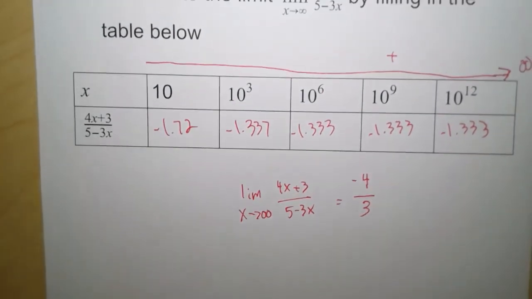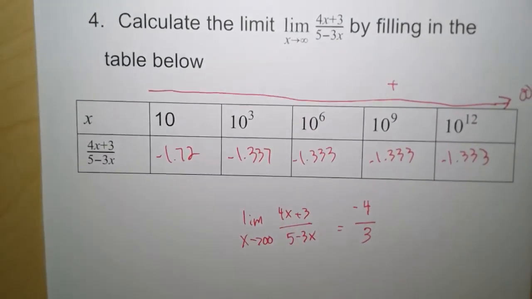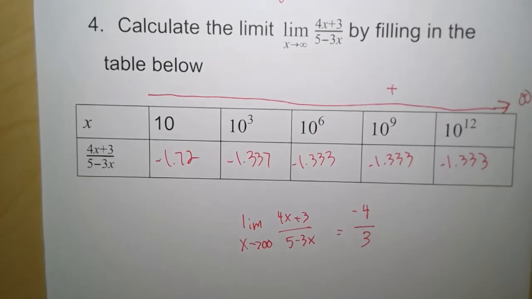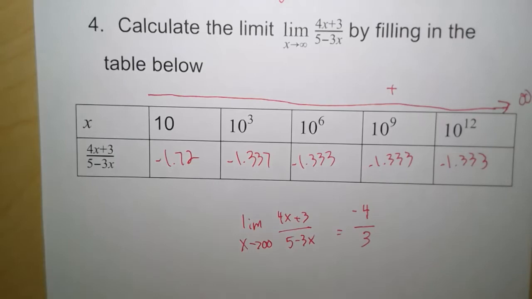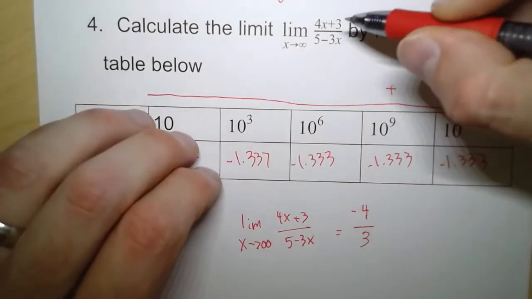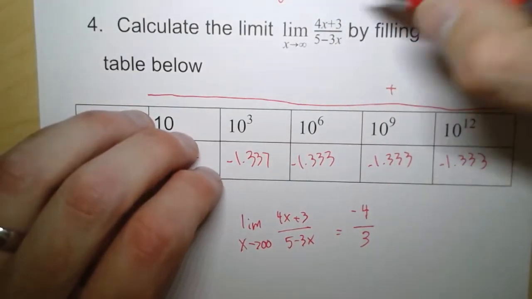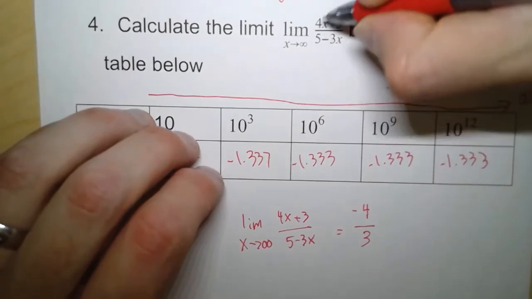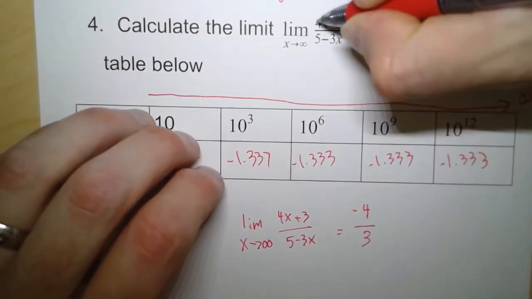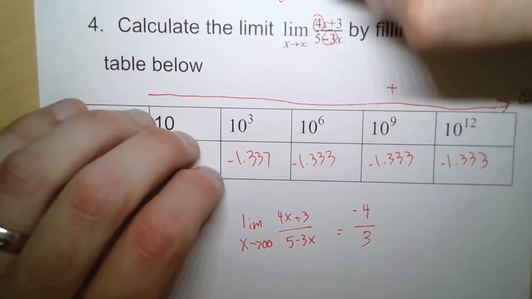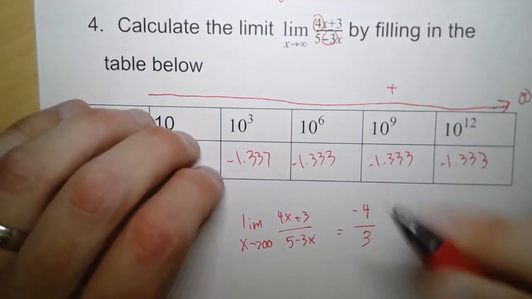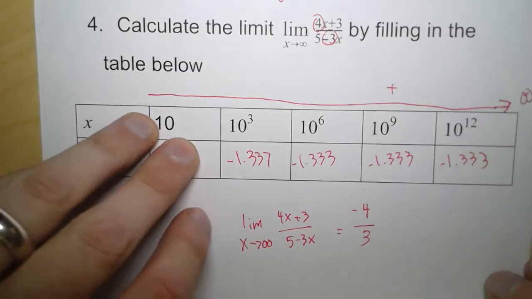Now if you've covered asymptotes in pre-calculus before, there's a very easy way to identify what this limit is. If you look at the top and the bottom, you'll see that they're both degree 1. So all you have to do is look at the leading coefficient. On the top it's 4, and on the bottom it's negative 3. And you divide them, and you get negative 4/3.